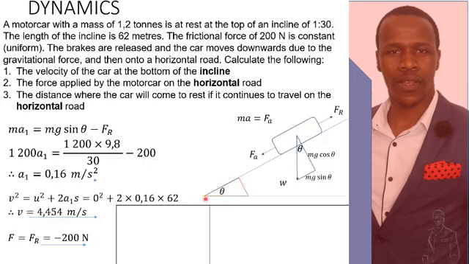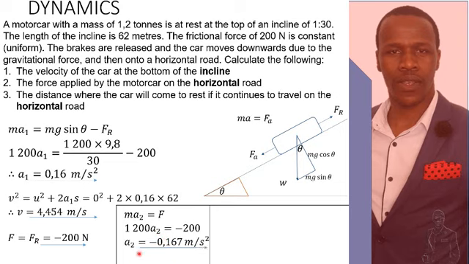So we can come back to this, then we will find our negative fr right there and find our a2.